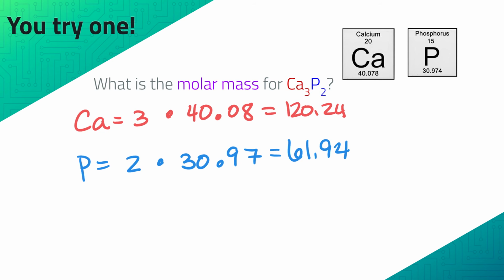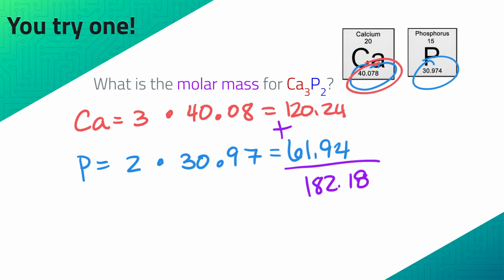Next, we need to multiply our atomic masses by the number of atoms. I did that, and I got 120.24 for calcium and 61.94 for phosphorus. Last, I need to add those two values together, and I get 182.18 grams per 1 mole.